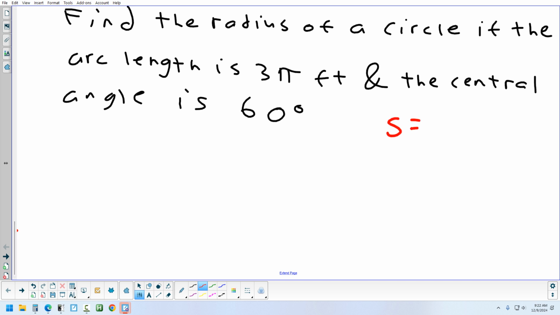Perfect. S equals r theta. And which letter am I going to be solving for this time? If you read the question, what do you find? Finding r. It says find the radius.